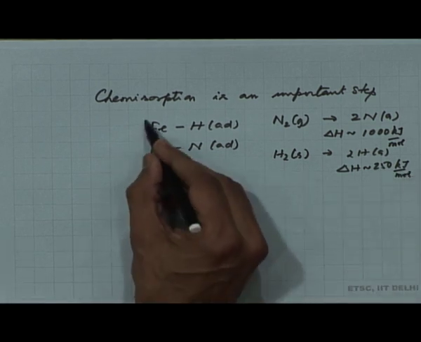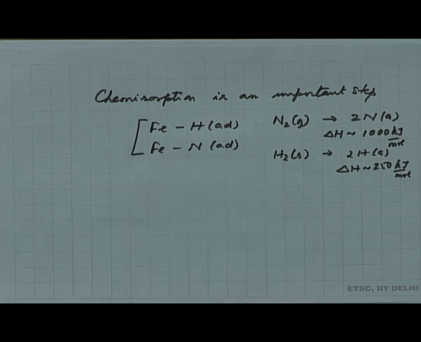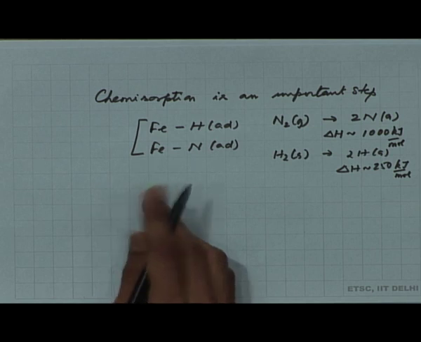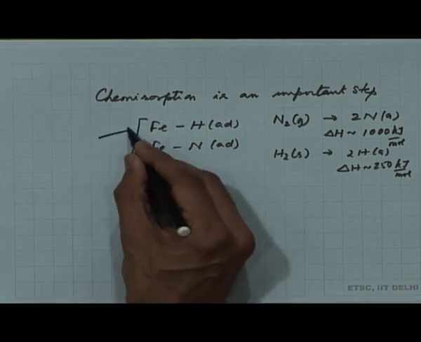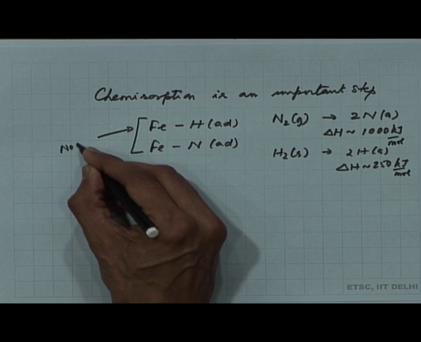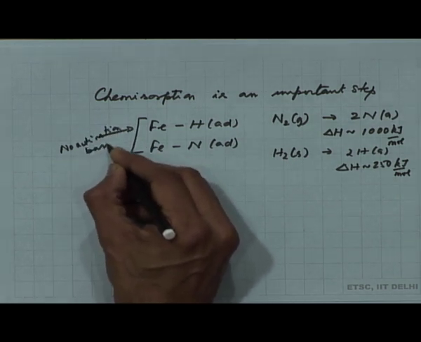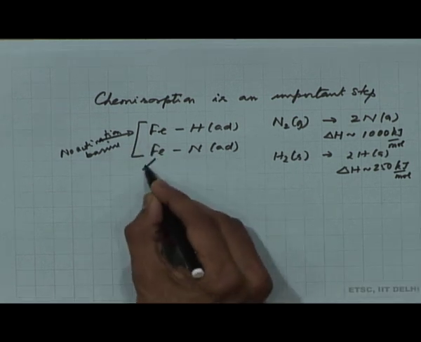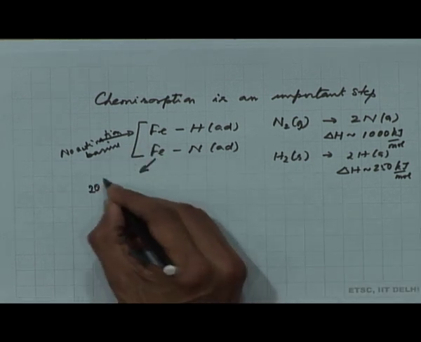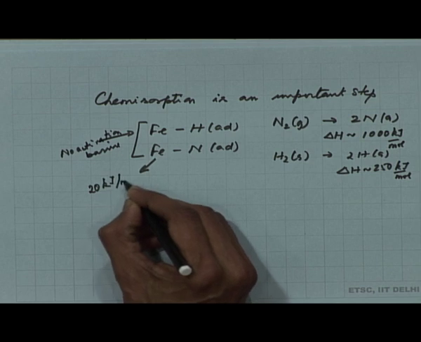But this adsorption here happens without very much of an activation energy. This one has no activation barrier. And this one has an activation barrier of about 20 kilojoules per mole.